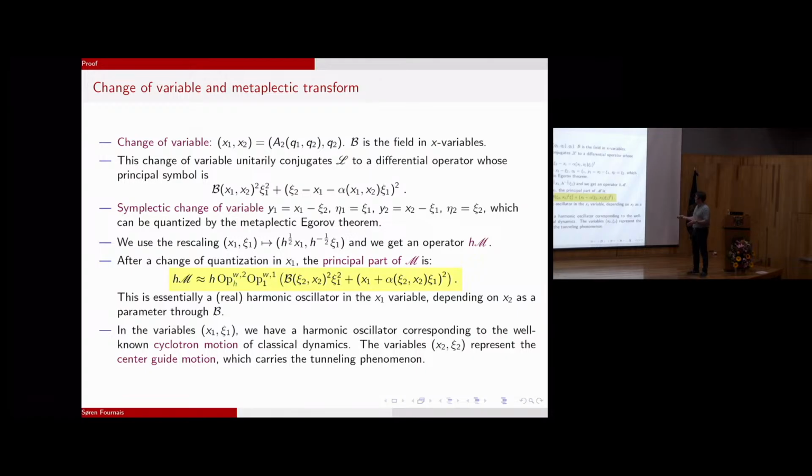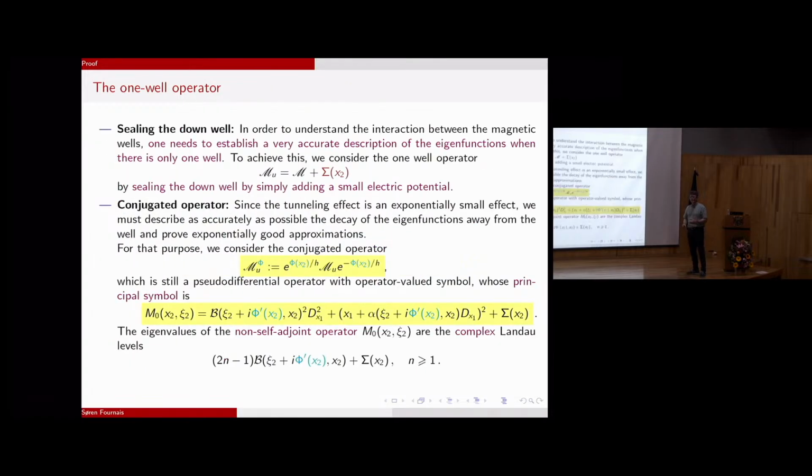And in here we can now start doing the calculation that we talked about 5 minutes ago. Namely, that now I need to understand to very high precision, to exponential precision, what the eigenfunctions look like. Okay, in order to do that, I seal one of the wells, meaning that I sort of add a little bit of potential to one of them so that I get a one well problem effectively.